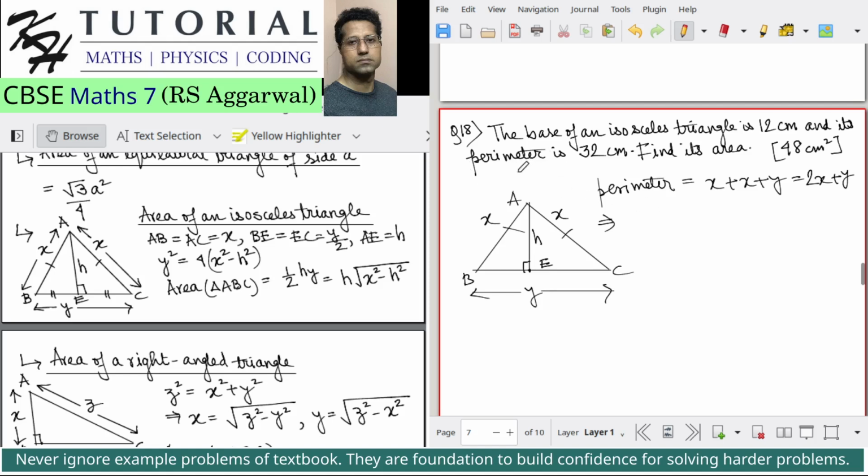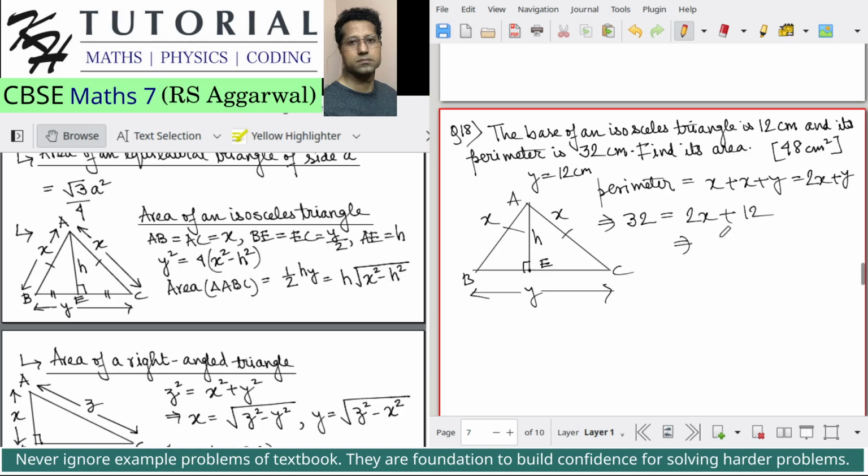For this problem, x is not given, but y is given. The base of the isosceles triangle, which is the side BC, y is given as 12 centimeter. So now we have perimeter is equal to twice x plus y. Now perimeter is given to be 32, so we have 32 is equal to twice x plus 12.